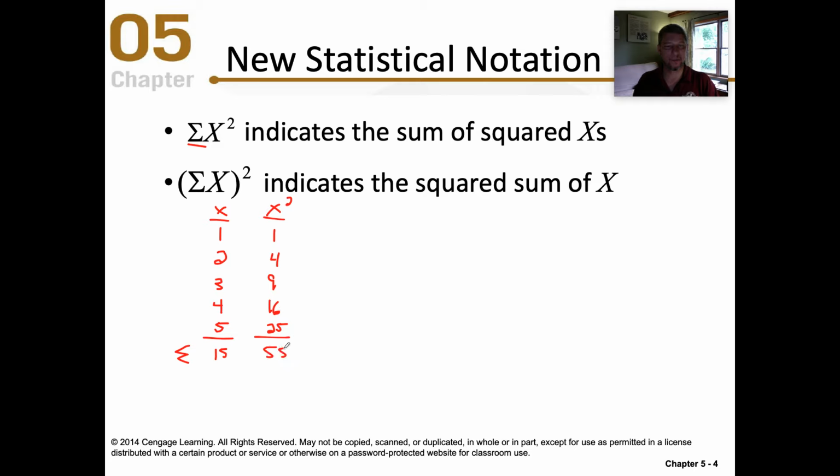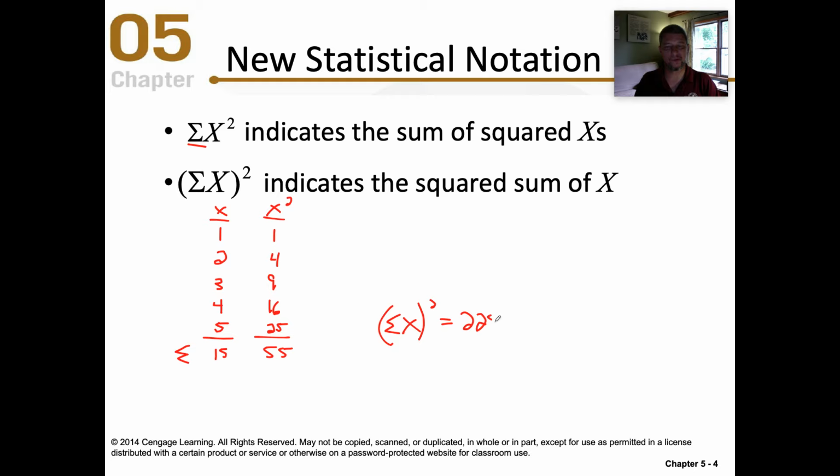So that's the sum of x squared. But the sum of x, quantity squared, is 15 squared, and 15 squared is actually 225.